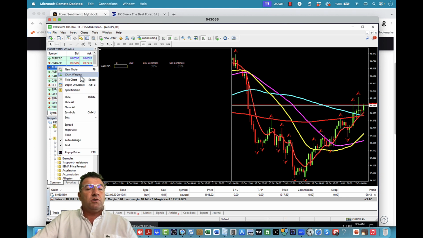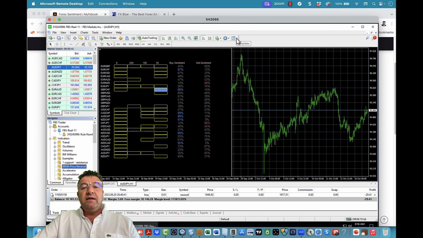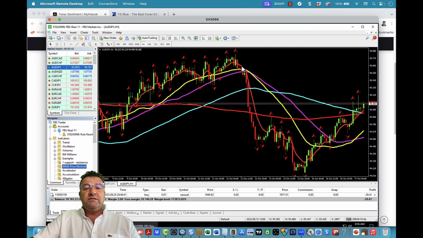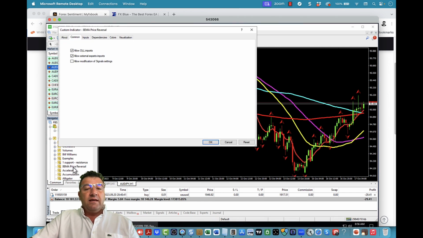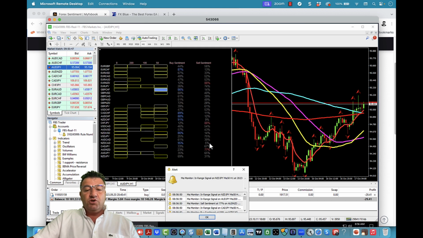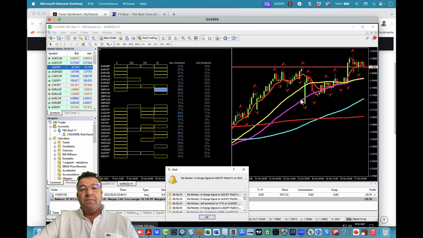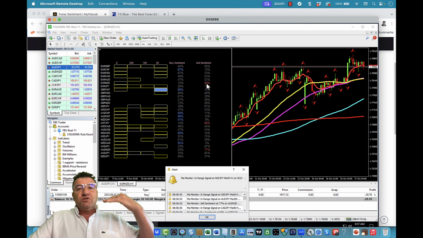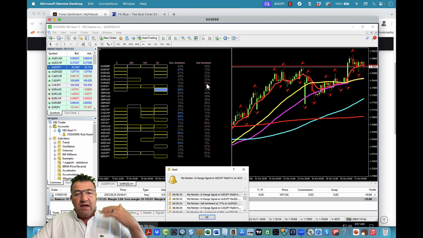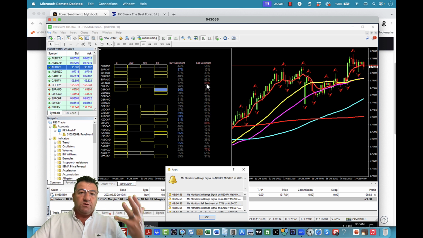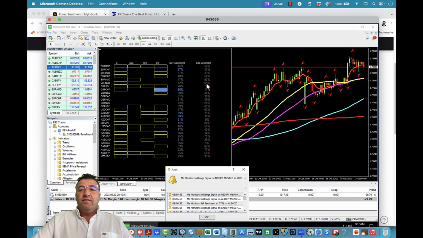So if we open up another chart, let me add the Allen charts template, and then add the 8 indicator back again to the chart so that you can actually see that. If we click on Euro NZD, we can see exactly what's happening. The price is actually north, but most retail traders have got sell positions that they've taken because of, I think, the EAs that they're using.